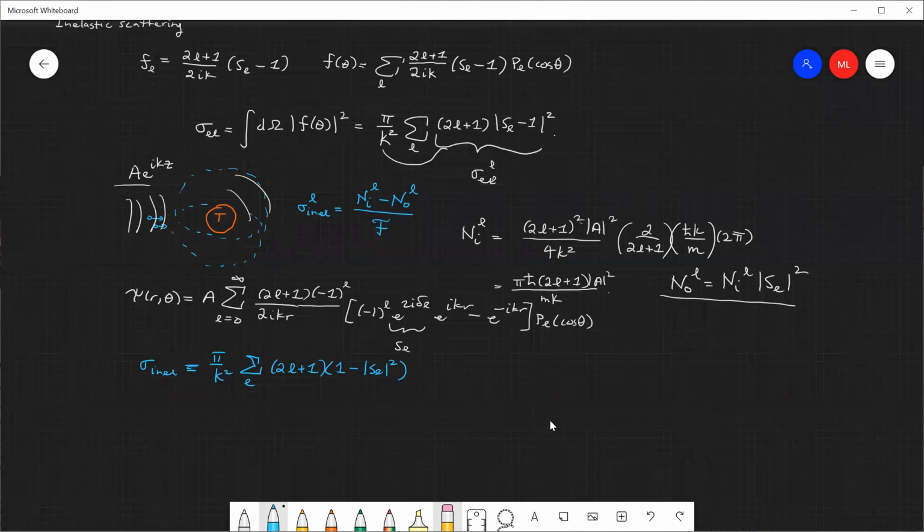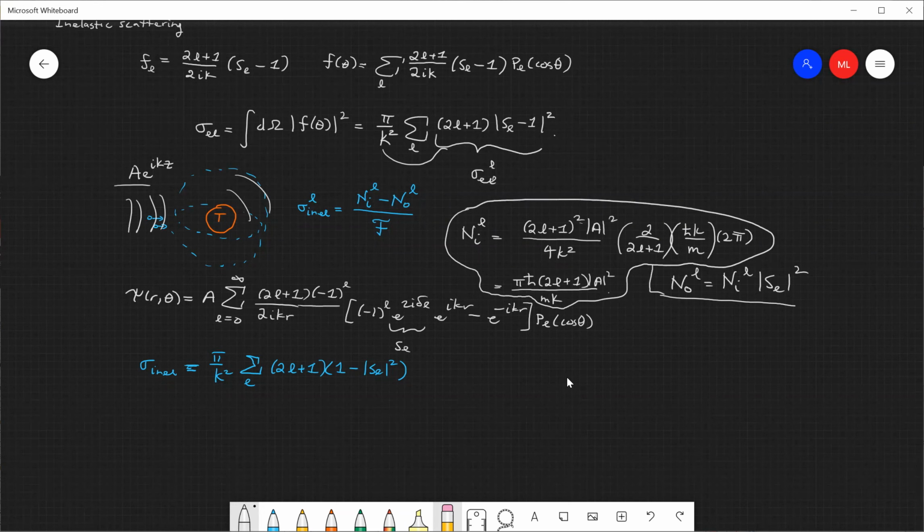Again, we could do the rest of it. I can just show you the flux. So we have this formula for the number of incoming particles. We have the number of outgoing particles, and then the only other thing you have to know is the flux, right? And the flux is just the rest of this stuff. Let's go back and make sure I get all the factors right.